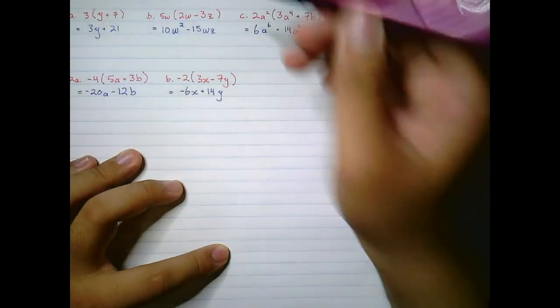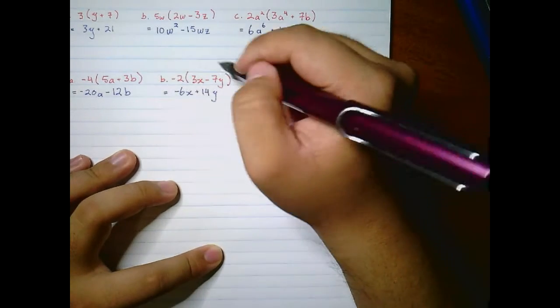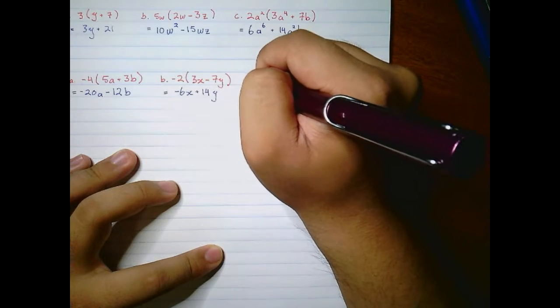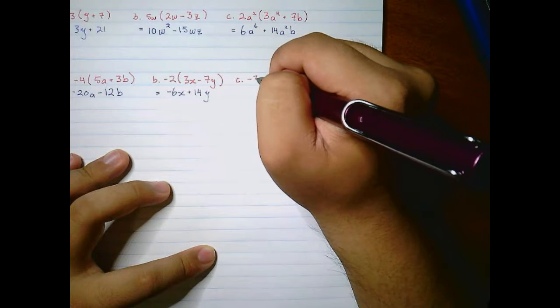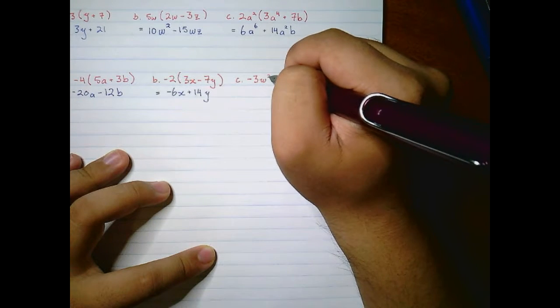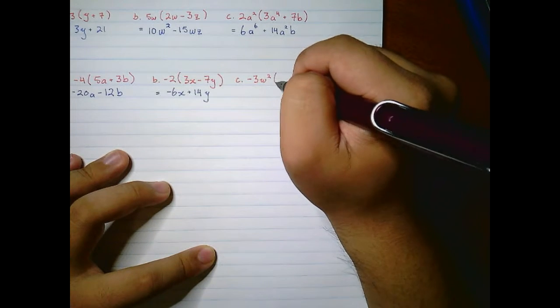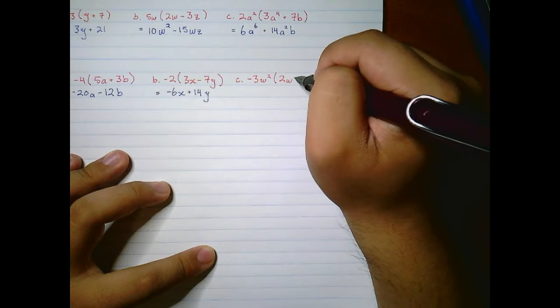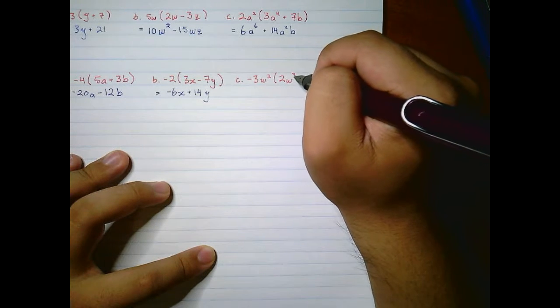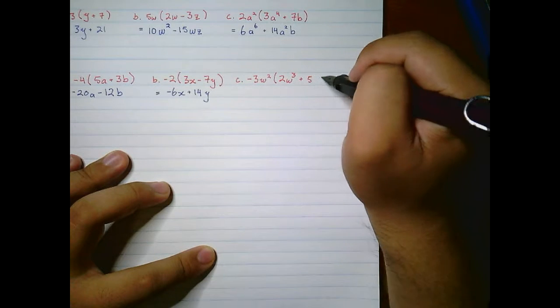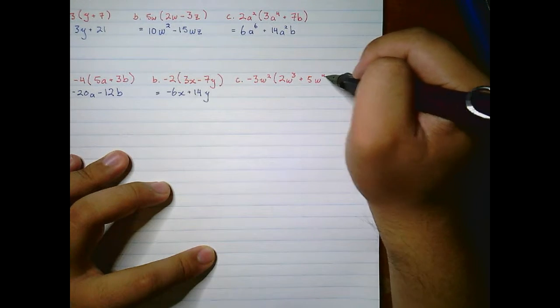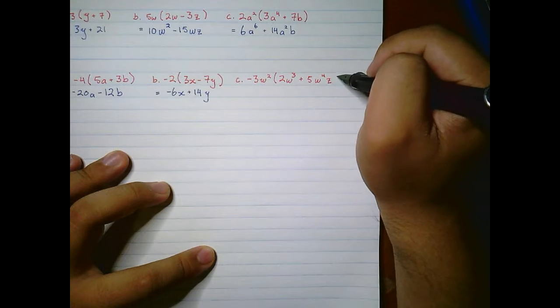Now let's jump straight to the deep end here. That's 2b, this is 2c. Let's make it negative 3w squared outside 2w to the power of 3 plus 5w to the power of 4 z.